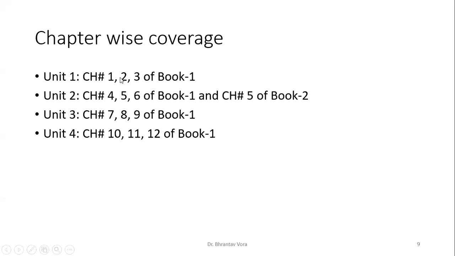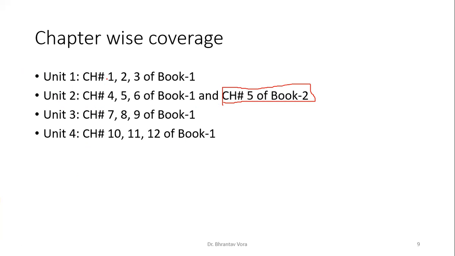If we talk about chapter-wise coverage, all the units are from book number 1 only. If you look at book number 2, chapter number 5 of book 2 is there in unit number 2. Otherwise, all the units are from book number 1 only.